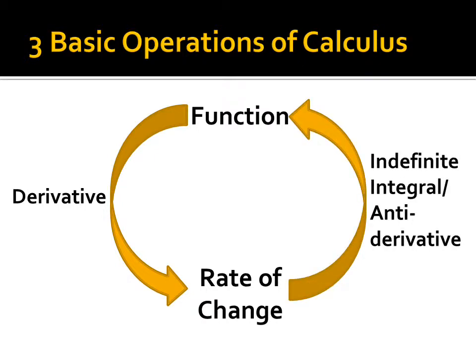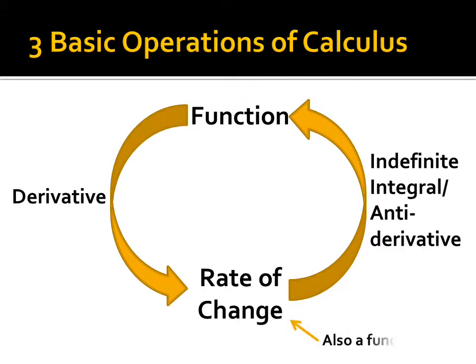Indefinite integrals, otherwise known as antiderivatives, are the exact reverse of this process. The input for an indefinite integral or antiderivative is the rate of change, and the output is the original function.